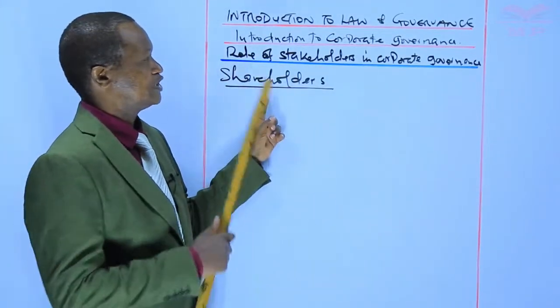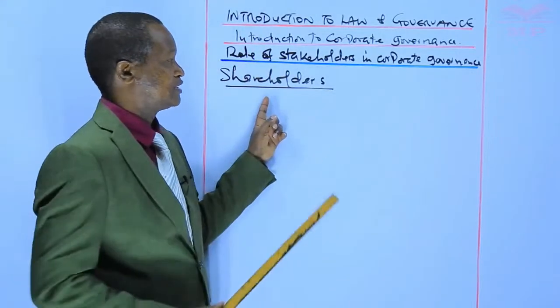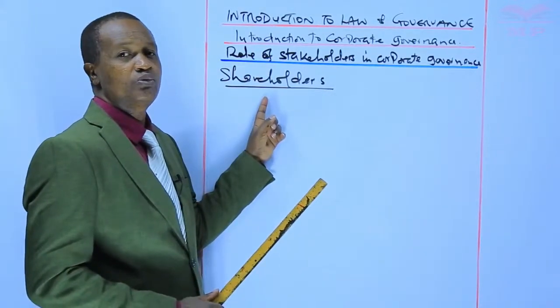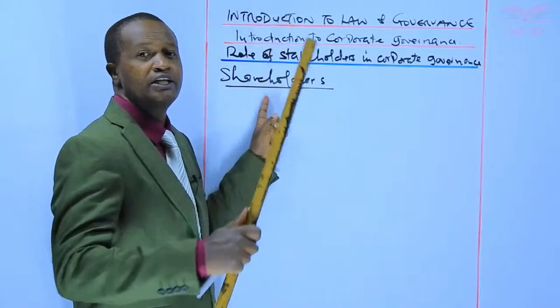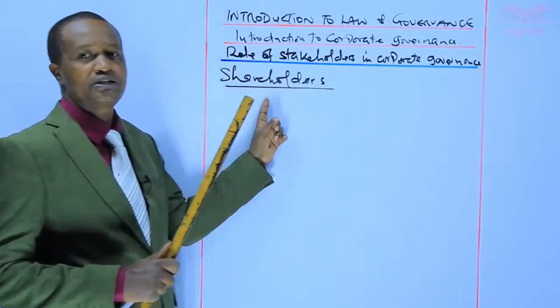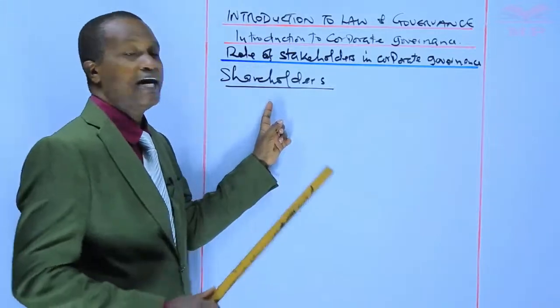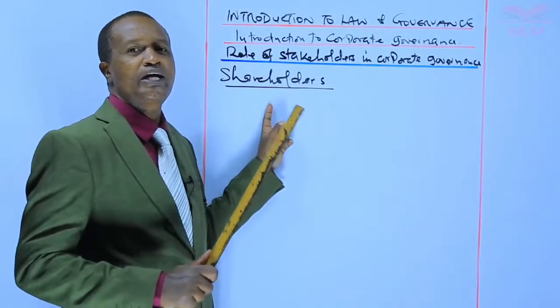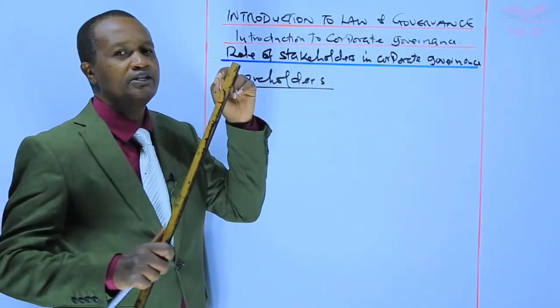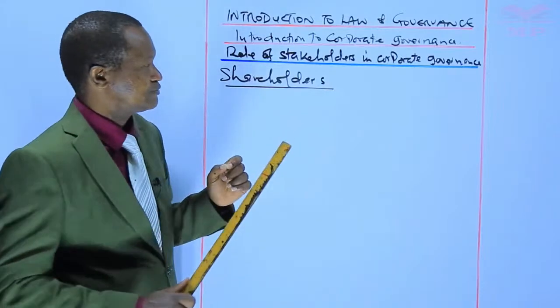The voice of the shareholders, as far as corporate matters are concerned, is to be expressed in the general meetings. They have a duty jointly and severally to exercise supreme authority.